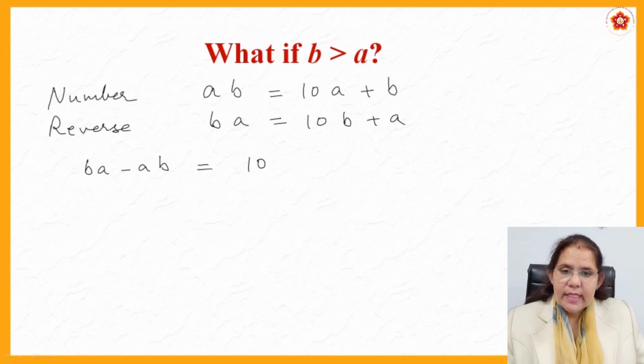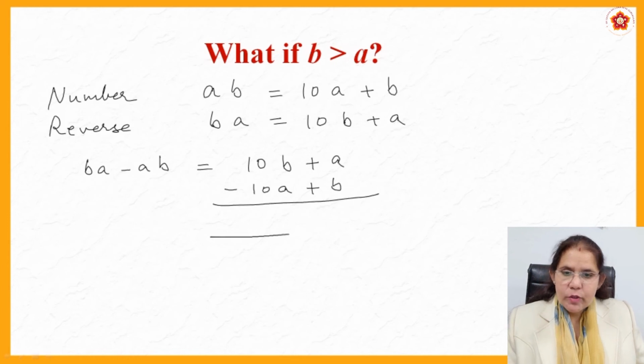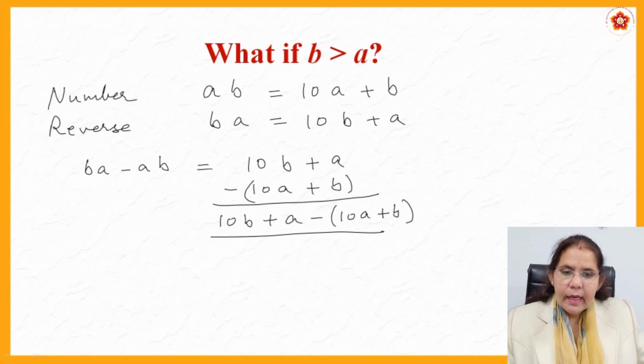So if we do this, let's write it. 10B plus A minus (10A plus B). We need to subtract it. So what will come? We can do it in this way also. Let's copy the first thing: 10B plus A minus (10A plus B).